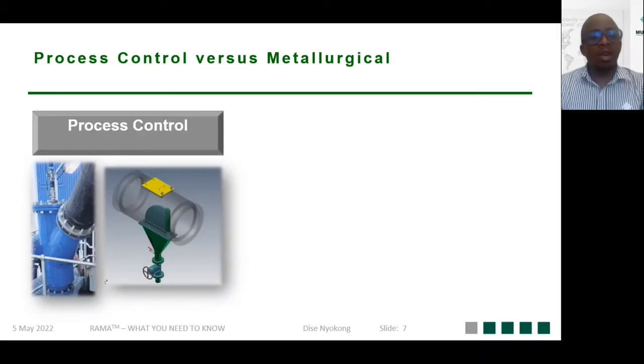Here's just an indication of process control samplers as compared to the metallurgical accounting. The picture on the left-hand side represents a pressure pipe sampler installed in a processing plant, whereas the picture next to it is a shark fin type of gravity assembly sampler installed in a gravity application for process control.